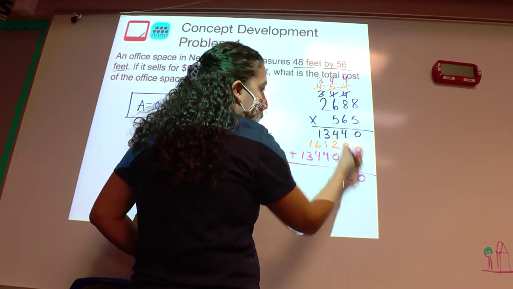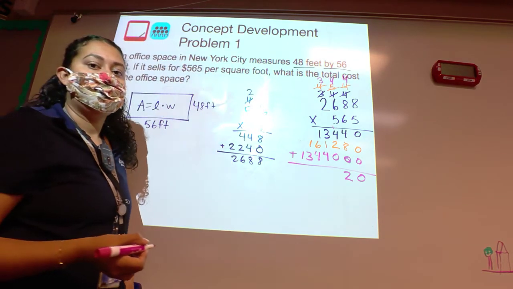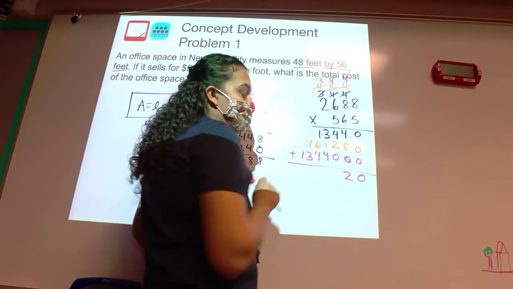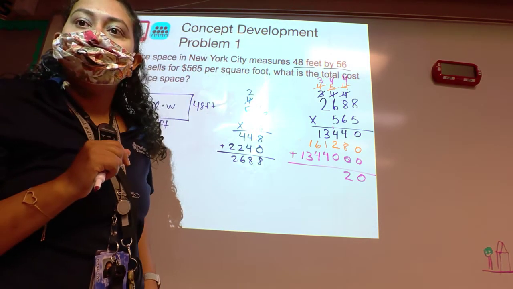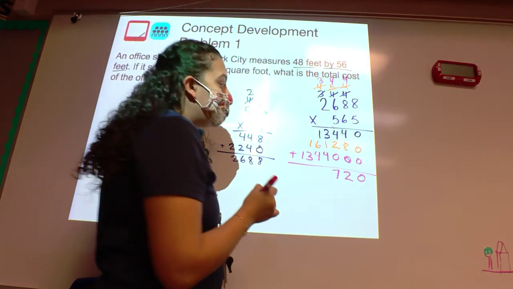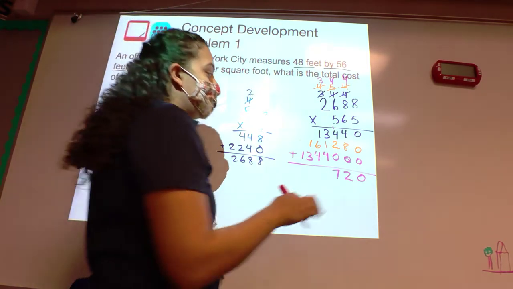So 2 here, carry the 1. Okay, 1 plus 4 plus 2. 7 here. Is the answer 1,506,020? I don't know yet.